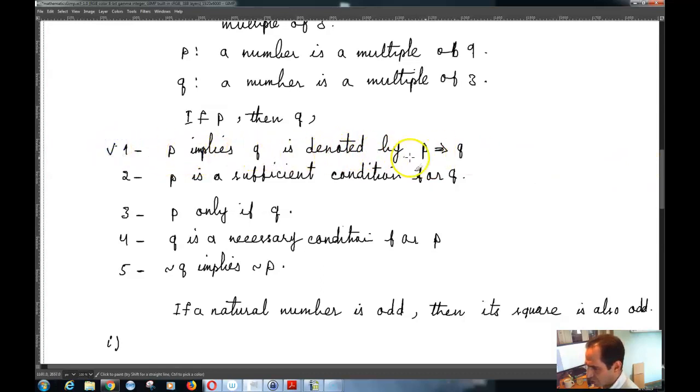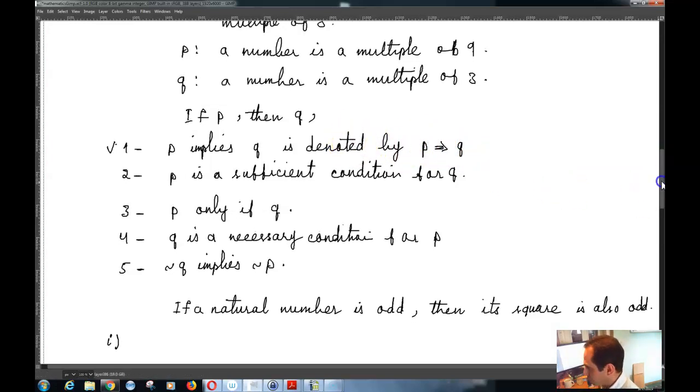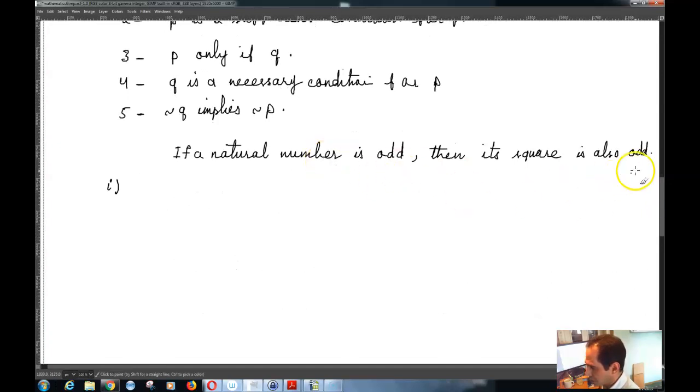P implies Q is denoted by P implies Q, and what that means is that, well, P implies Q. So in the case of this example, I can say that a natural number is odd implies that its square is odd.